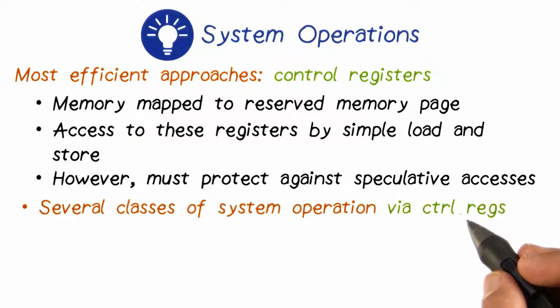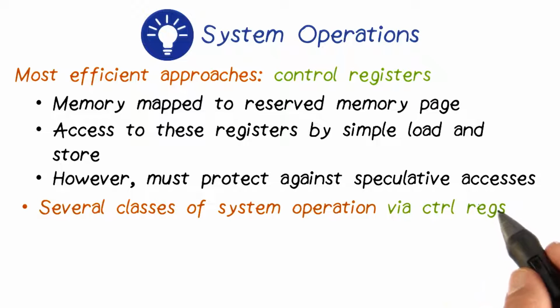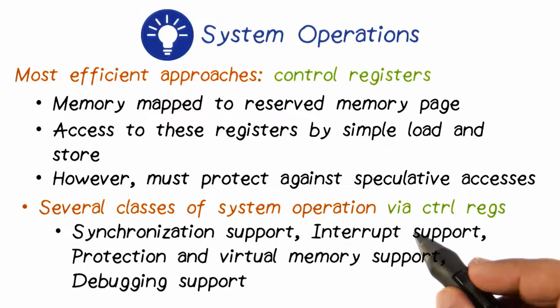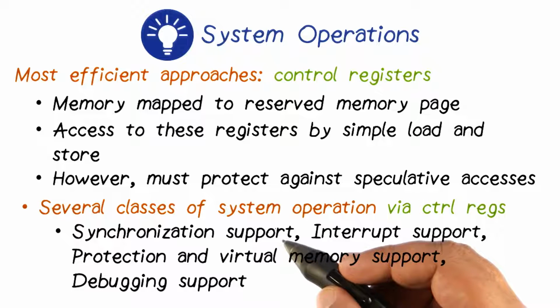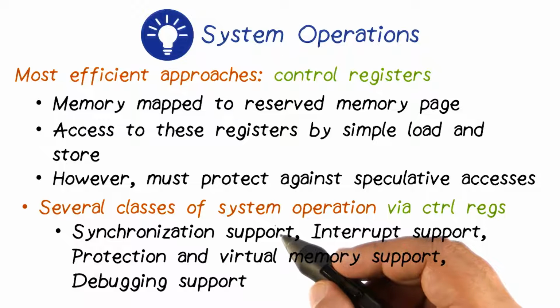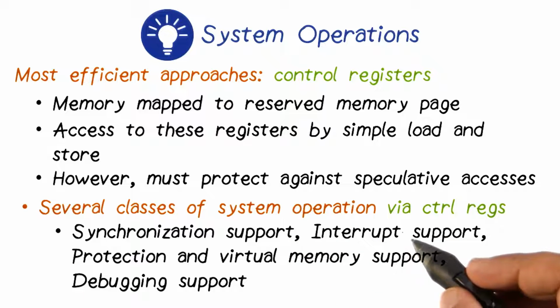However, many other kinds of system operations are possible via these control registers, apart from just accessing the special memory. These registers allow us to do much more than accessing this reserved memory. They also allow you to do synchronization. For example, two threads can talk to each other, synchronize, and wait for each other.